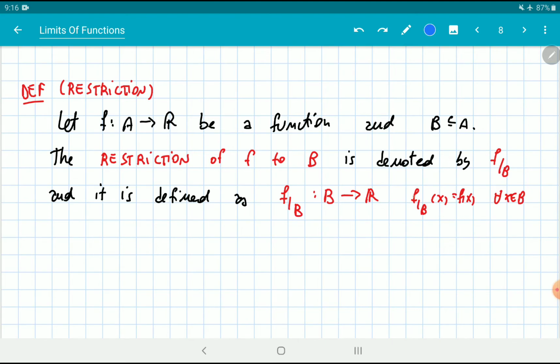So f restricted to B at x is simply equal to f of x for x in B. Basically the difference is that this function has a new domain which is smaller than the original one.